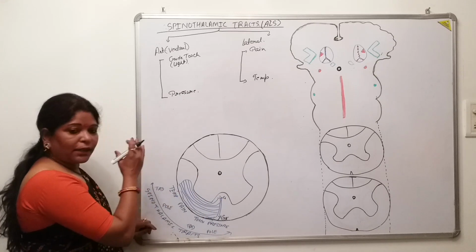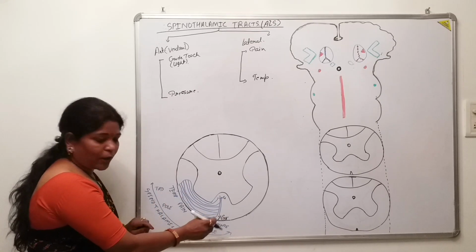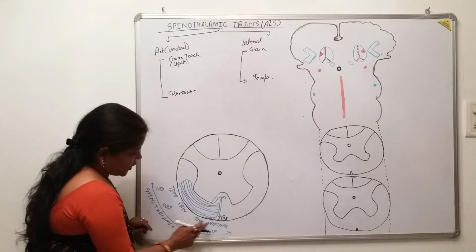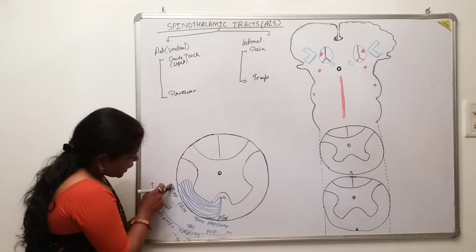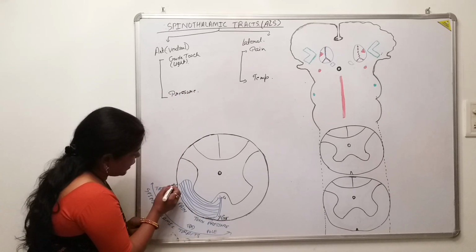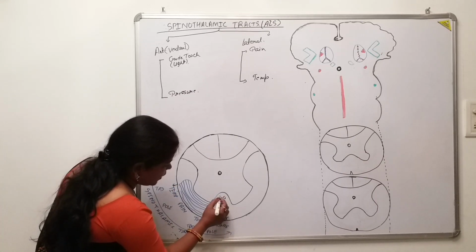Now, how are they arranged in the anterolateral system? These sensations: the temperature, the pain, the touch and the pressure. Look here. In the whole of the anterolateral system, the temperature is present in the lateral most part, and the pressure sensation is present in the medial most part.